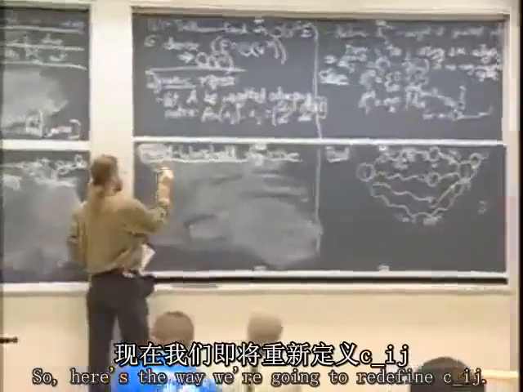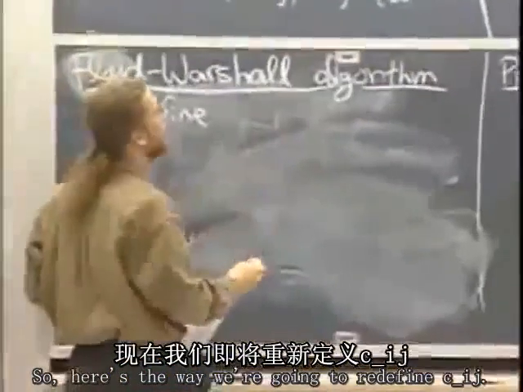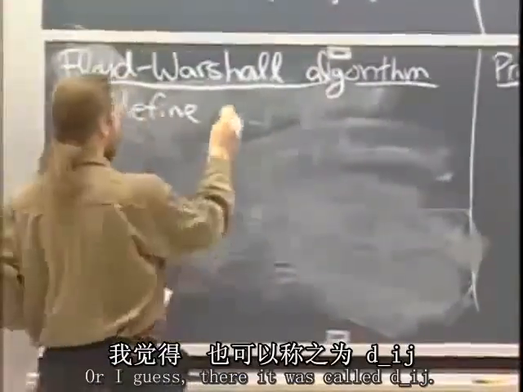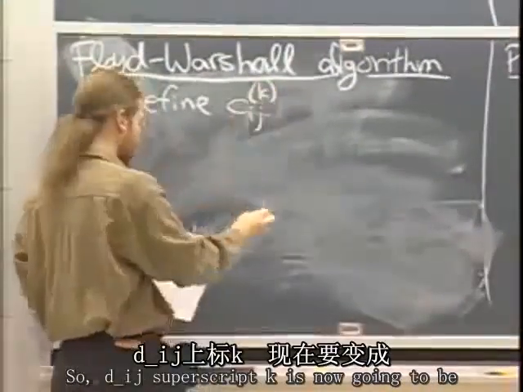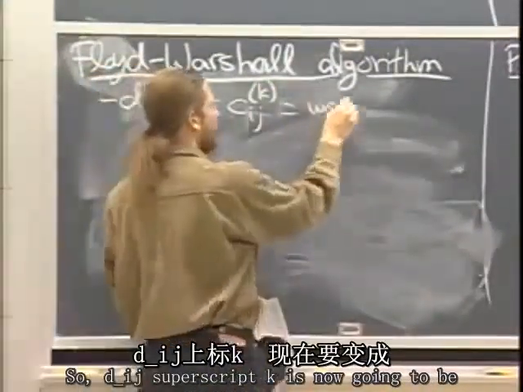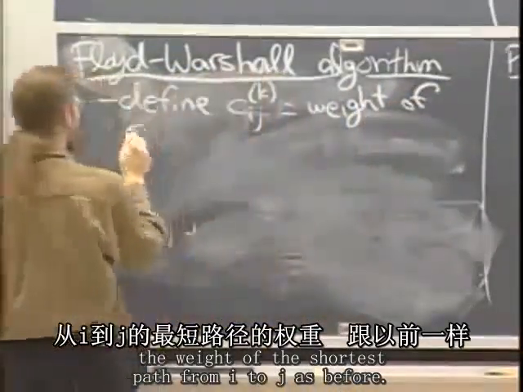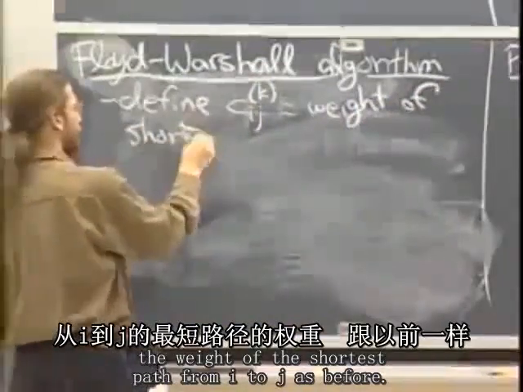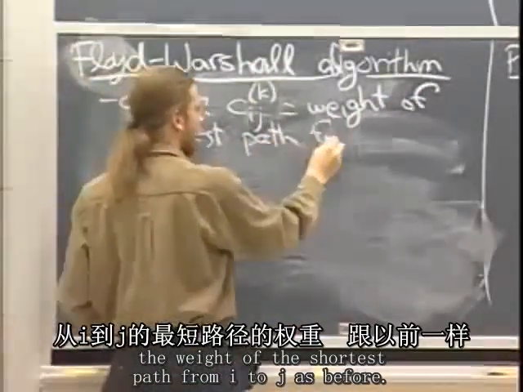So here's the way we're going to redefine Cij, or I guess there it was called Dij. Good. So we're going to define something new. Cij superscript k is now going to be the weight of the shortest path from i to j as before.